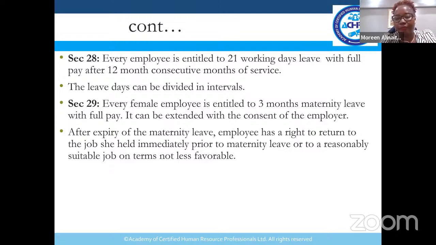Most times when you calculate it, it comes to almost a month. And this is only when somebody has served you for 12 consecutive months. That means somebody is not entitled to annual leave within the first year of employment. After 1 year of successful employment, they are entitled to leave in their second year of employment.